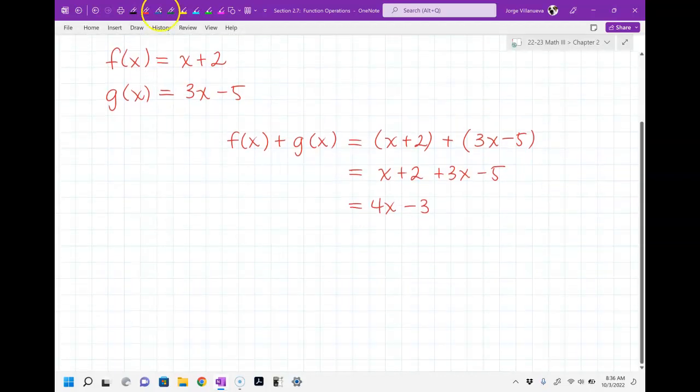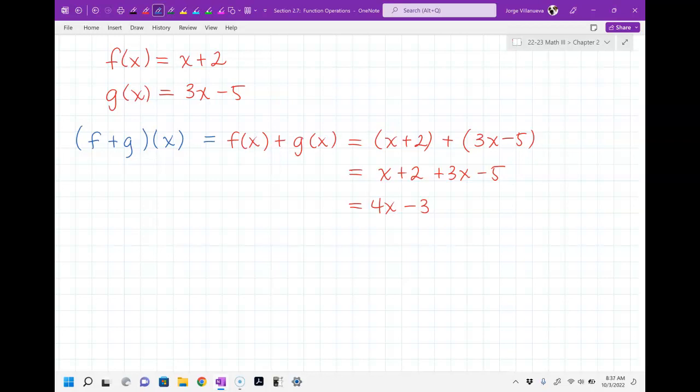The only difference is the way they write it is going to be like this: f plus g of x. So whenever you see a parenthesis f plus g, and then on the outside they put the x there, that means that they're just adding the two functions together.